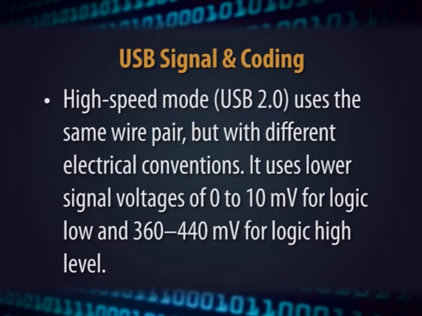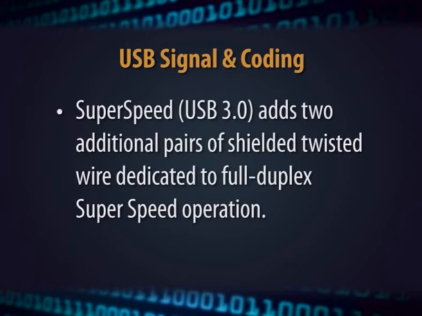It uses lower signal voltages of 0 to 10 millivolt for logic low and 360 to 440 millivolt for logic high level. Super speed USB 3.0 adds 2 additional pairs of shielded twisted wire dedicated to full duplex super speed operation.